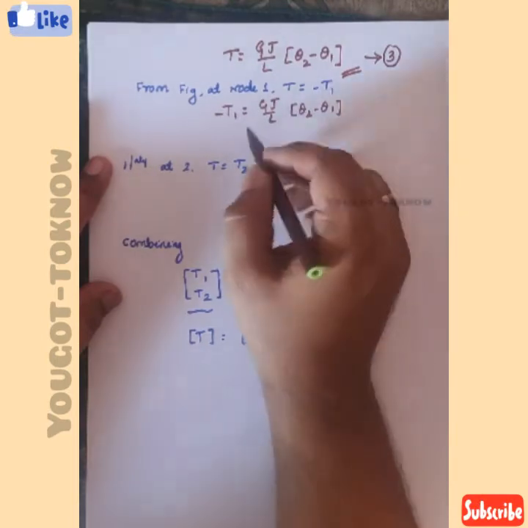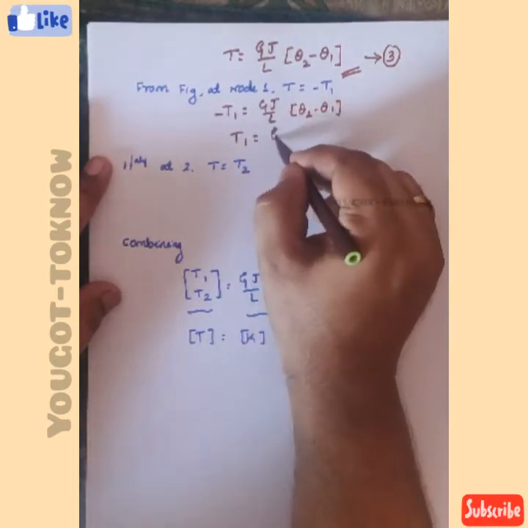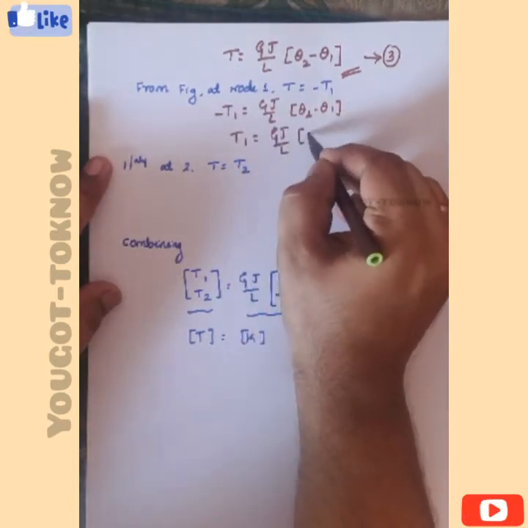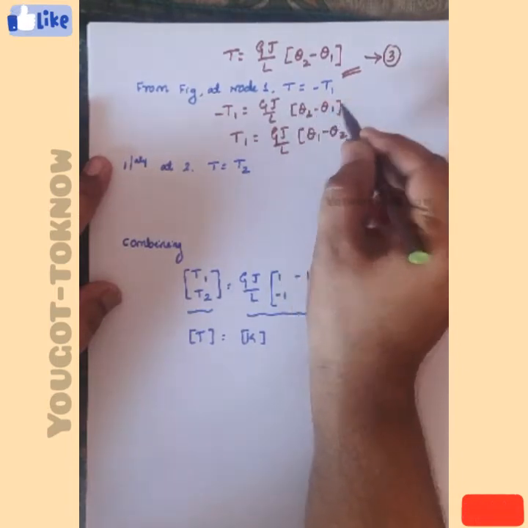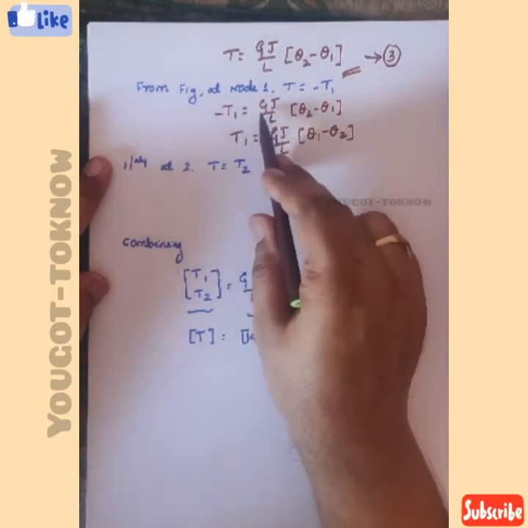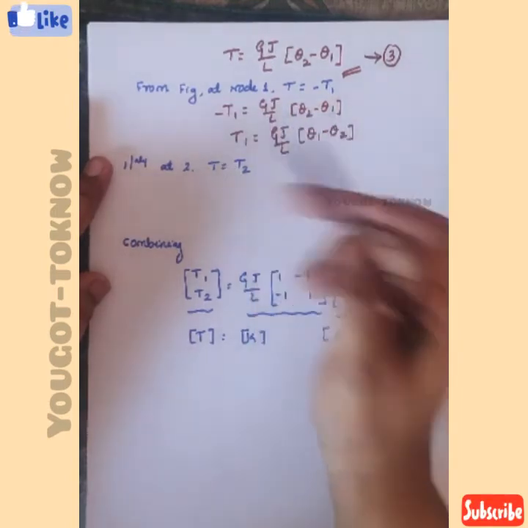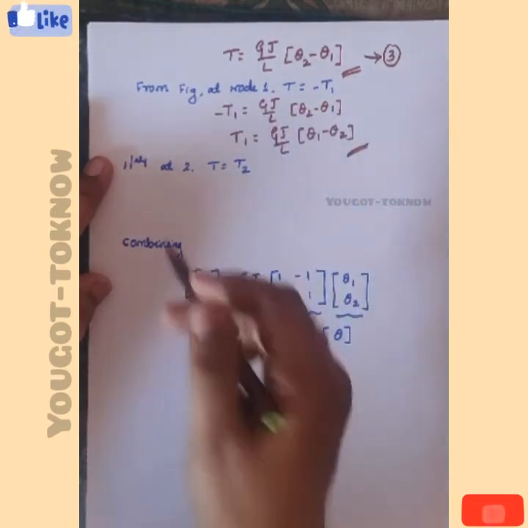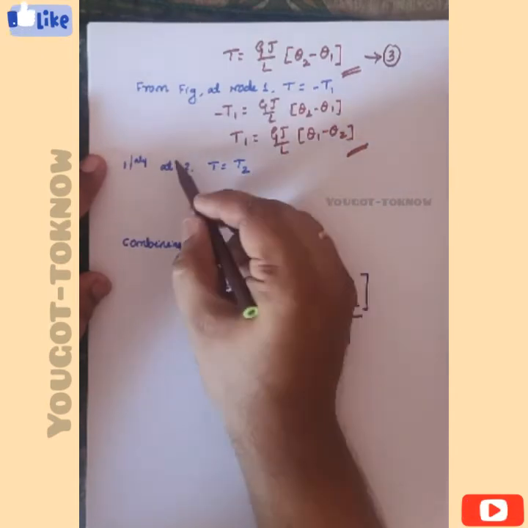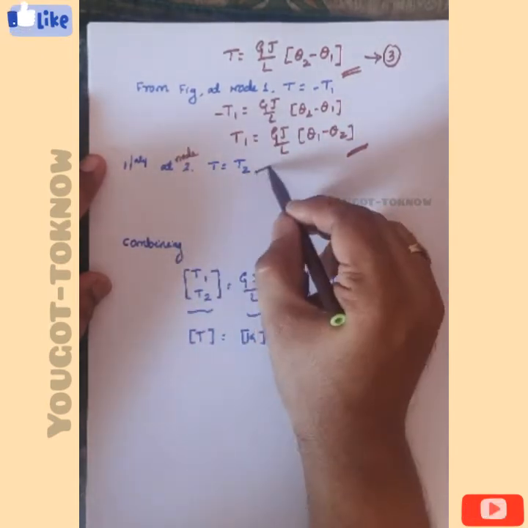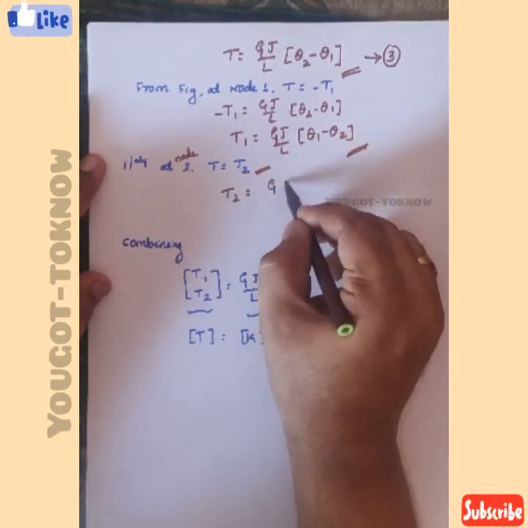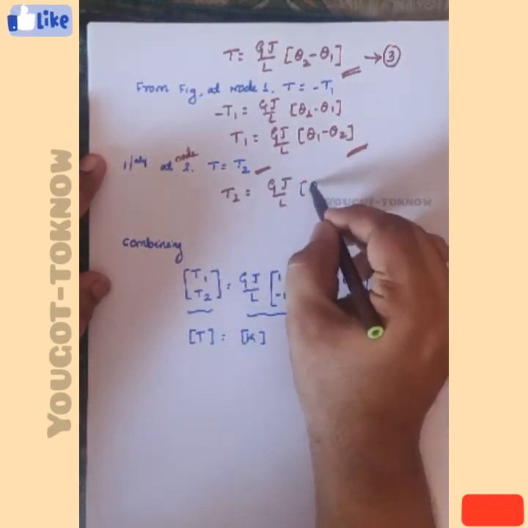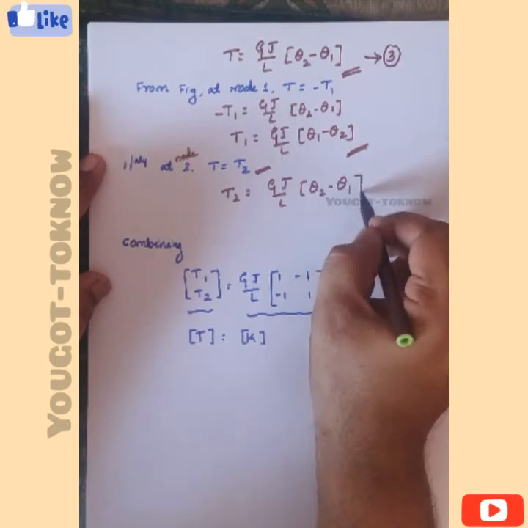This can be written as T1 equals GJ by L into theta 1 minus theta 2, because if you multiply by the minus sign, theta 1 comes here and theta 2 comes here. Or if you take the minus sign outside, GJ by L into theta 1 minus theta 2, minus minus cancels. This is your T1. Similarly, at node 2, T is equal to T2, which I am taking as positive. Now T2 will be equal to GJ by L into theta 2 minus theta 1.